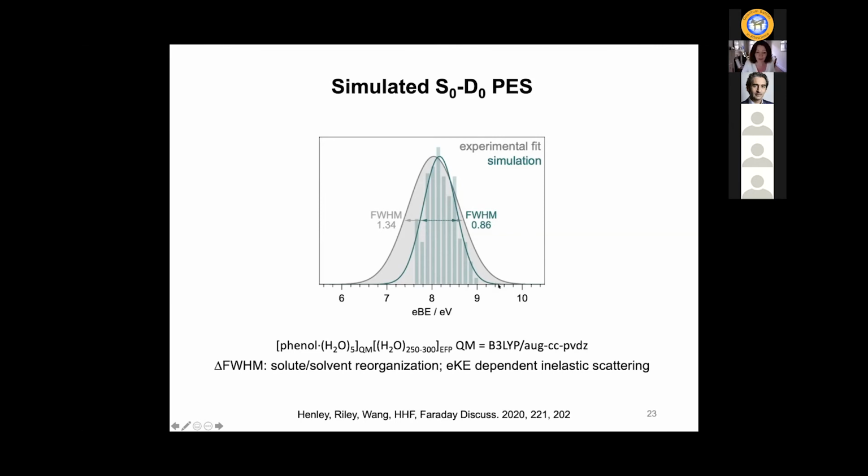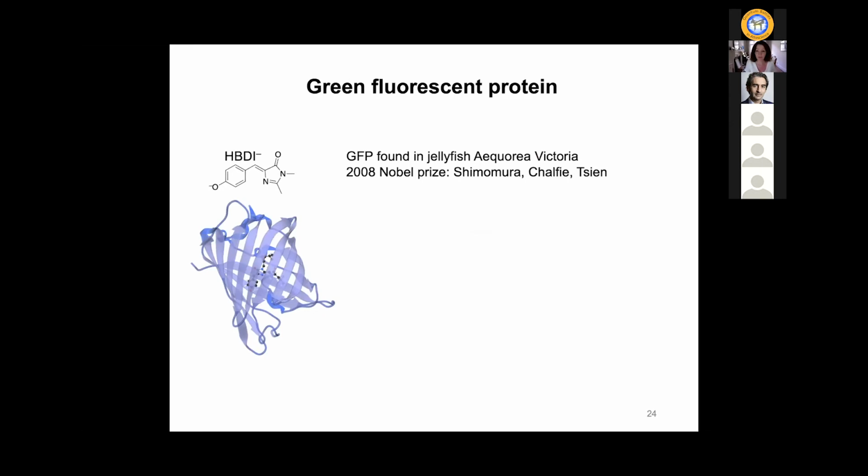These are completely non-trivial calculations. And the interesting thing is that the full width half maximum of our simulation is somewhat narrower than the full width half maximum of the experimental fit. And this gives us some idea of the solute and solvent reorganization that takes place during the ionization process. It may also contain some component of EKE-dependent inelastic scattering.